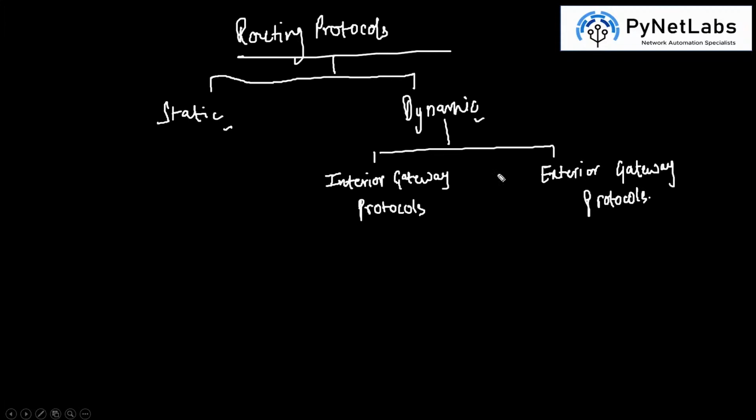In order to configure a network, let's say within an organization or between two branches, you can use interior gateway protocols. There are three different types. The first one we have is distance vector.